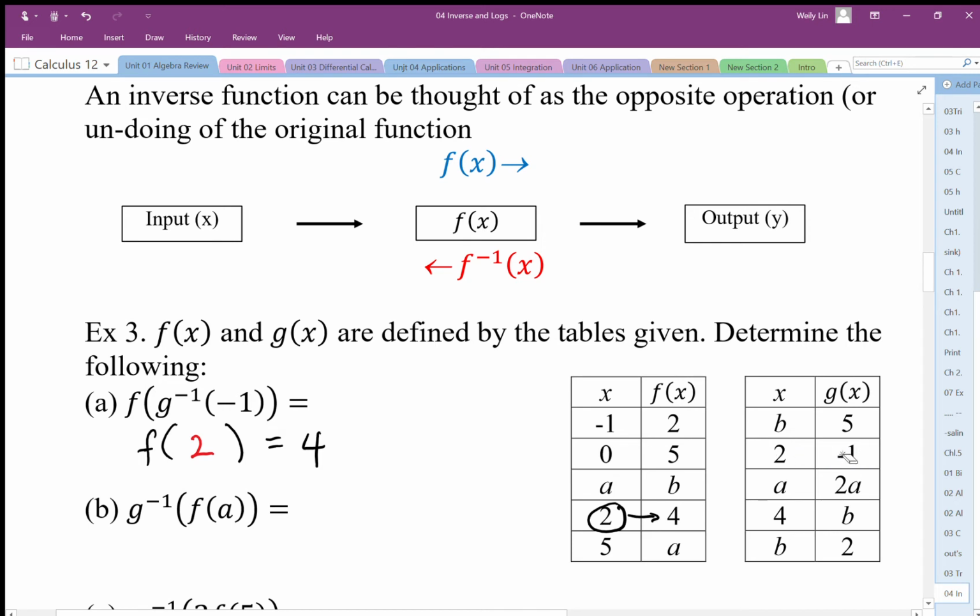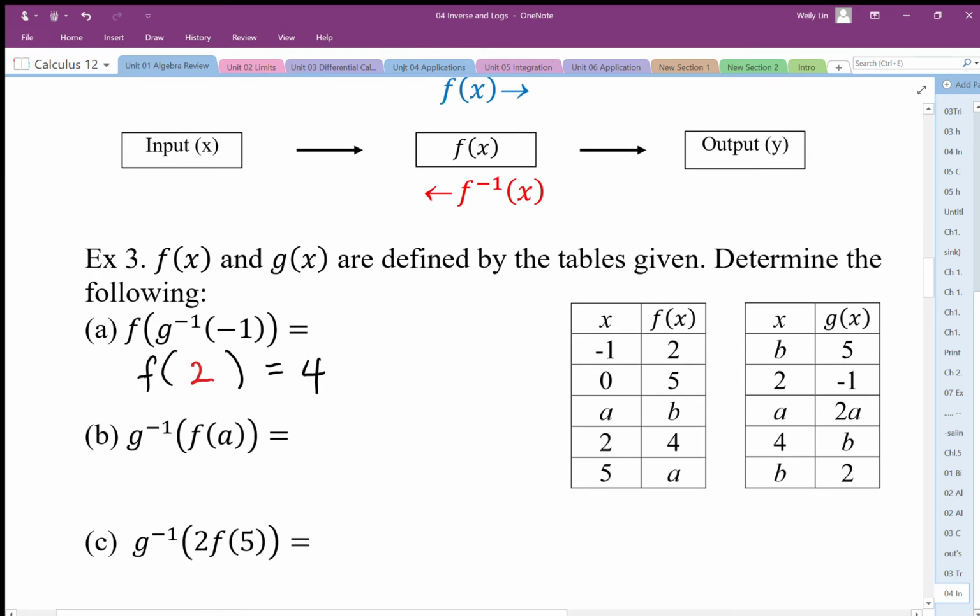Okay, so we can do this one here. We start with A. Now we're going from A and we're taking the f, so we're going to map this way. So this becomes g inverse of f of A is equal to b. So what this means is, this is the inverse of b, so that must be the output.